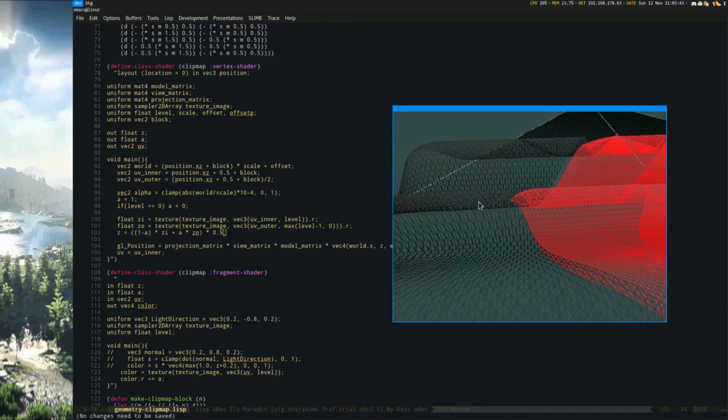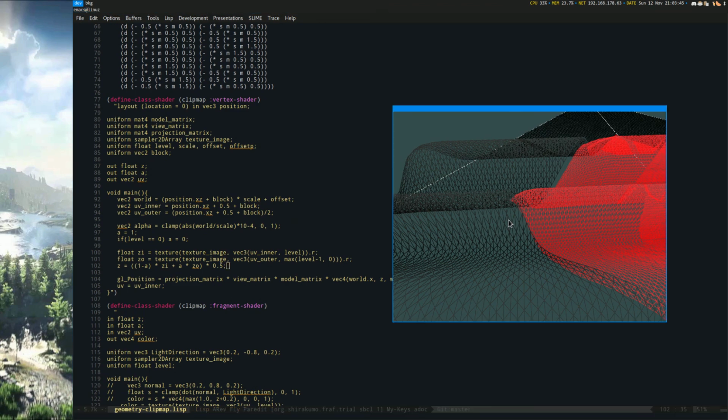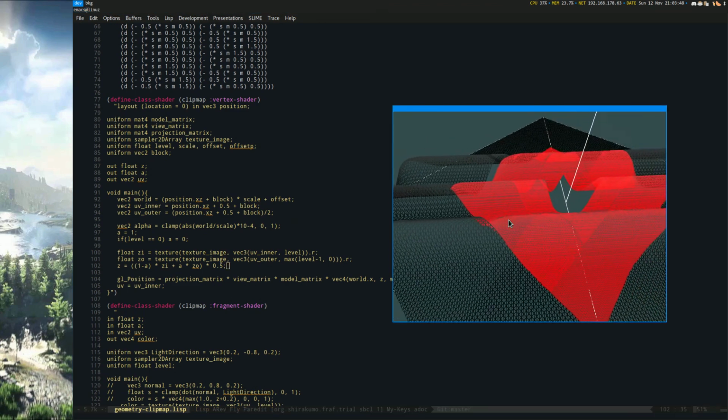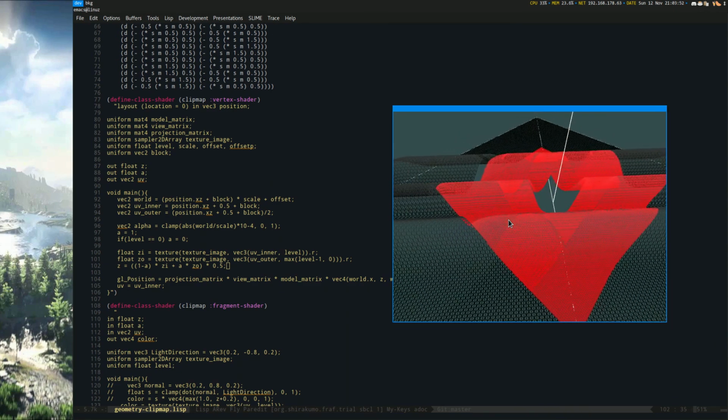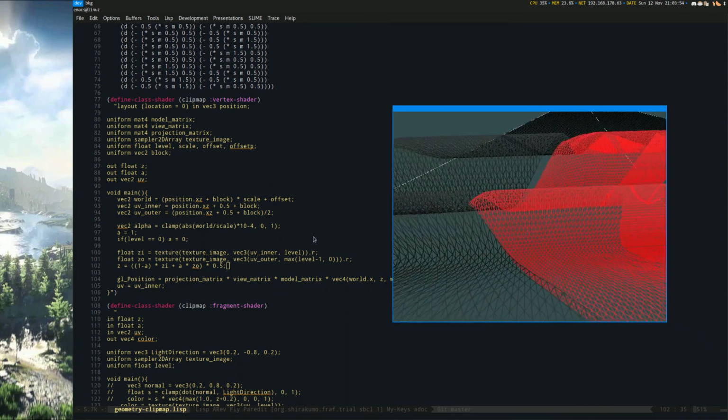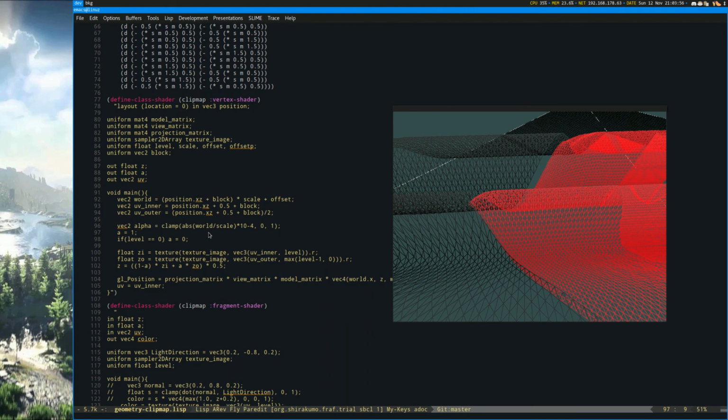I mean, otherwise it seems to be almost working right? Am I not seeing something?